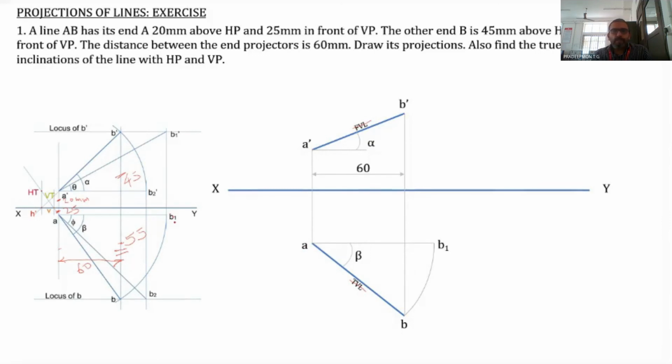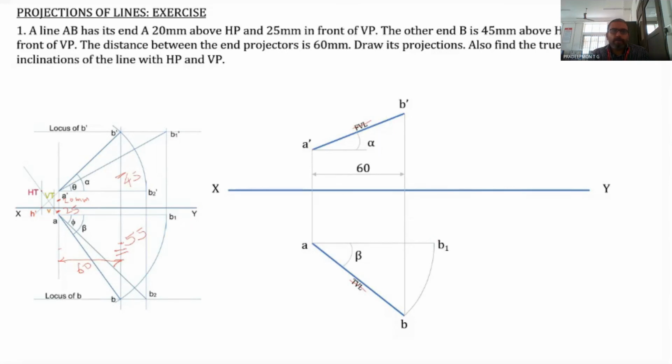By drawing this arc, we have drawn an arc here, and this horizontal line is AB1.